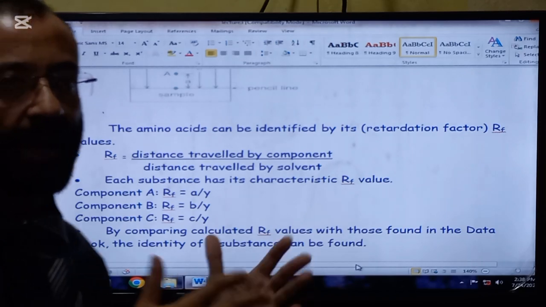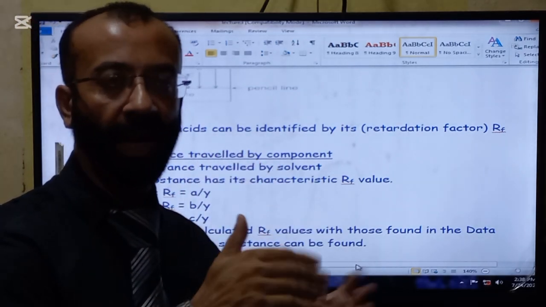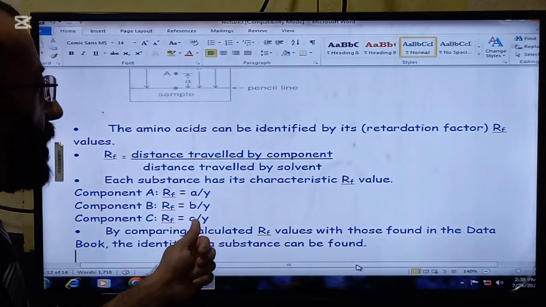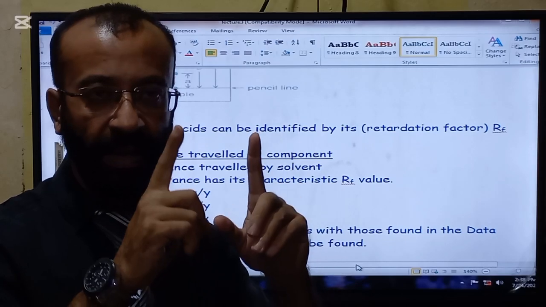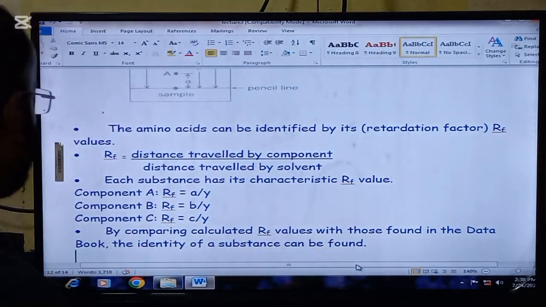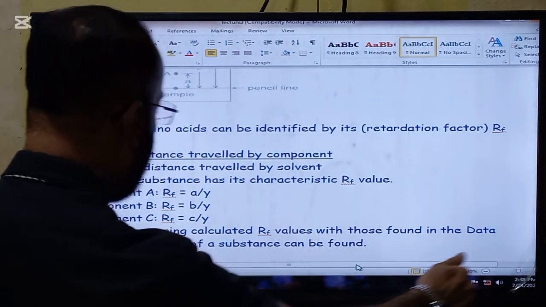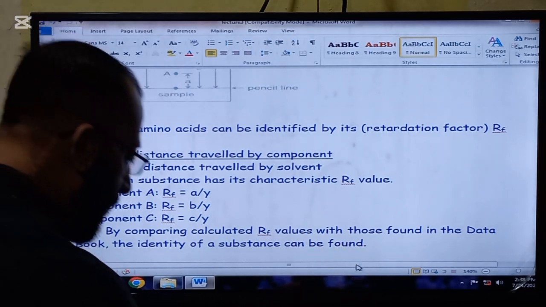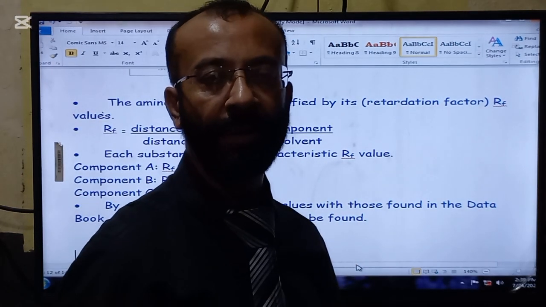So we have our data book in the lab in which RF values of different substances are given. So we will compare these values with the values given in the data book, and we will judge which substance and which solute this is. So by comparing calculated RF values with those found in the data book, the identity of the substance can be found. So this was the lecture, students.